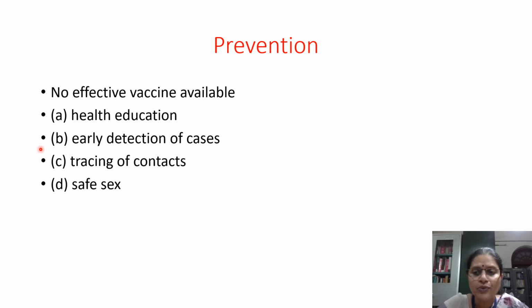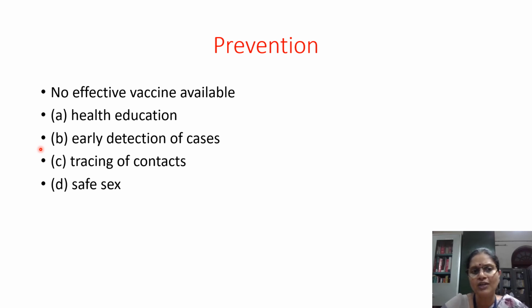So each and every individual needs to be aware. If a male is suffering from this gonorrheal disease, see to it that his female partner is not infected, or do some diagnostic tests on the female partner to whom he is having sex. This is very important to control the spread of the infection.